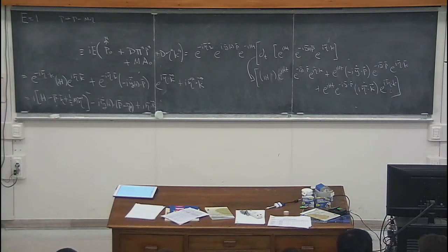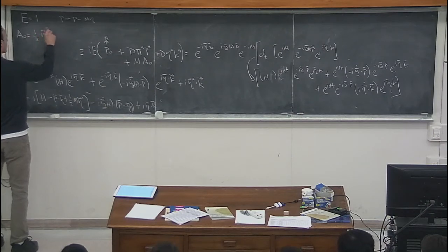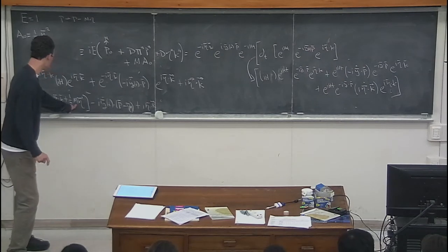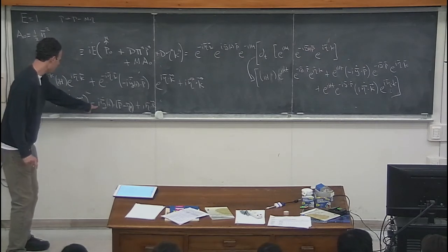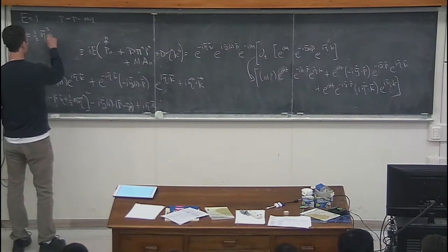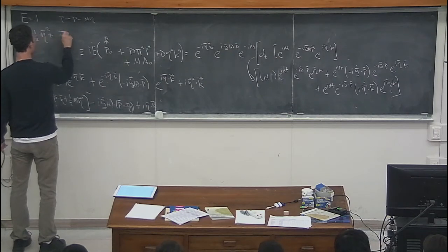Okay. So now we can read off A0. So A0 is 1/2 eta squared, right? Because that's here, the coefficient of M. And then there is a plus y dot into eta.